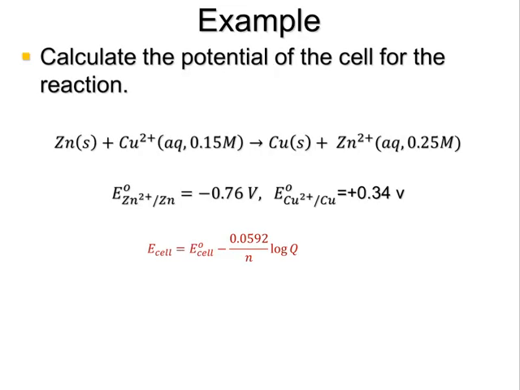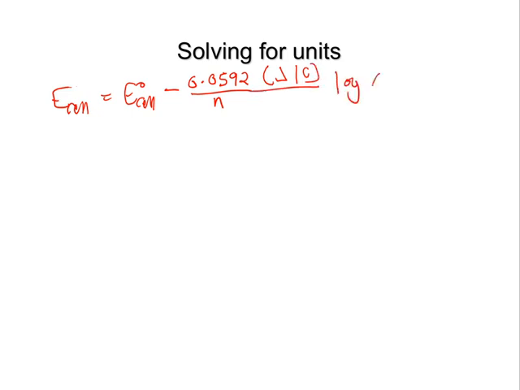All right, solving for units. From our equation, we have E cell equals E standard potential minus 0.0592 divided by n, then joules per coulomb, log Q. Then from the previous slides, we know that 1 volt is equivalent to 1 joule per coulomb.